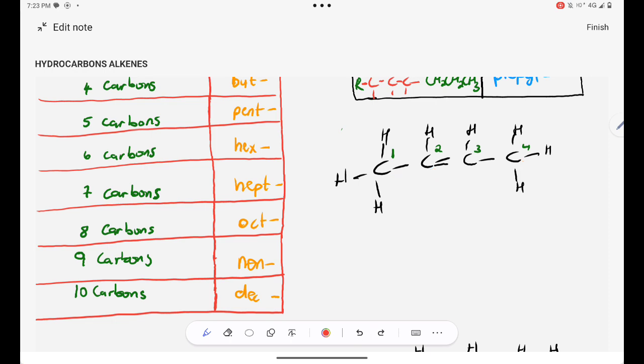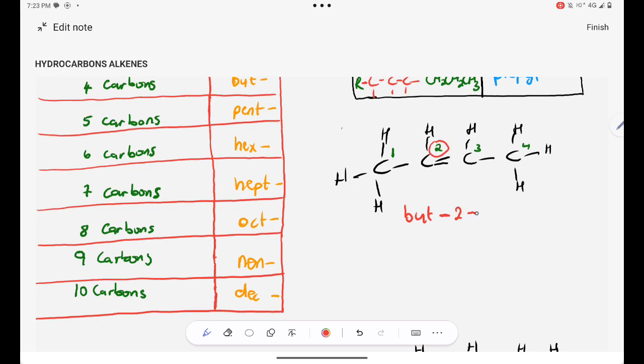Since the parent chain has 4 carbons, this will be but, and then I must write the hyphen. Why? Because I must indicate where I see my double bond. Since my double bond is between carbon number 2 and 3, I will always pick the lesser number. So this will be but-2-ene. The IUPAC name of this compound will simply be but-2-ene.